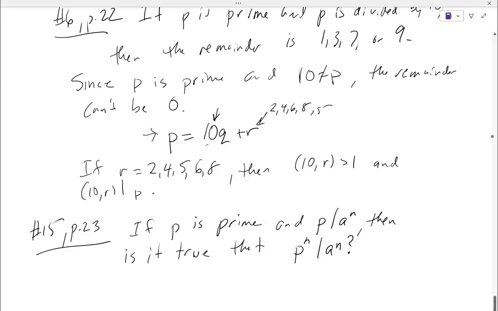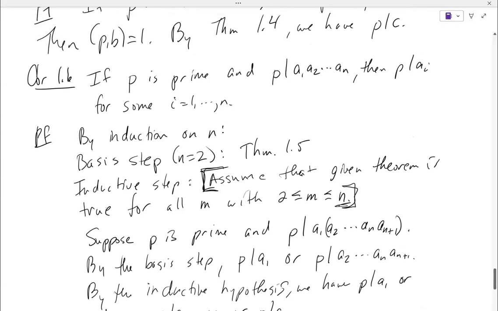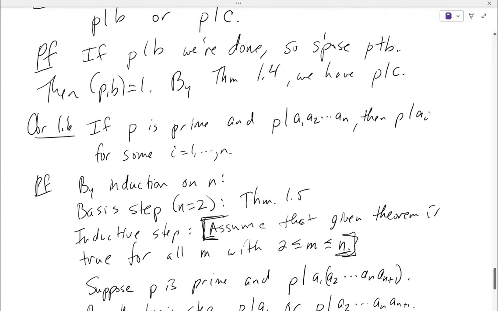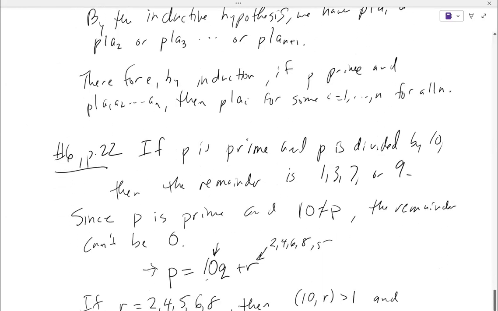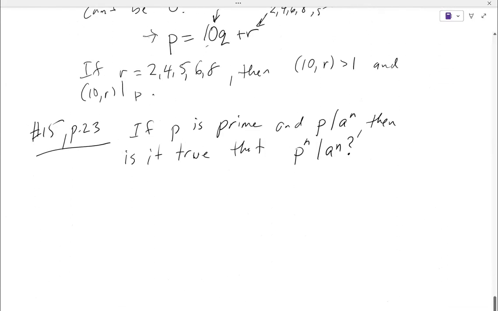So remember what the corollary said. Let me scroll back up. If P is prime and P divides a product, then P has to divide one factor in the product. So go back down here. Do you see P dividing a product by assumption? This first part says P divides A to the N would be P divides A times A, right?